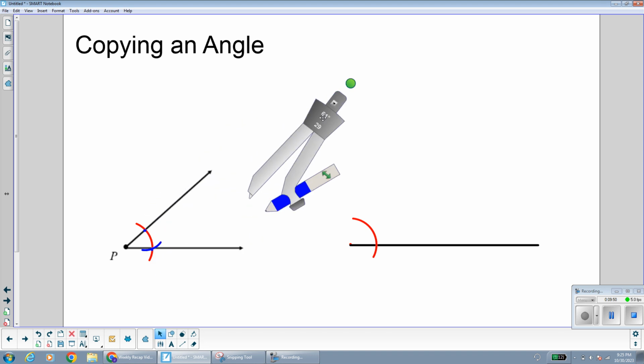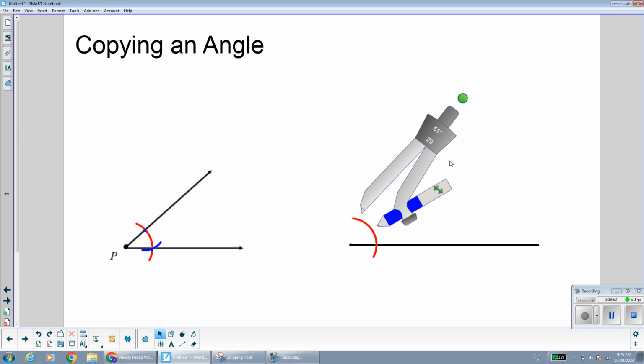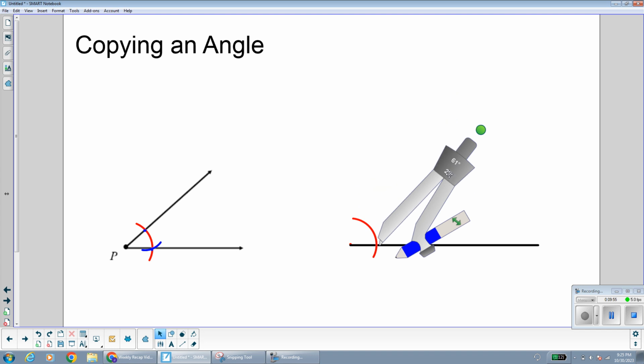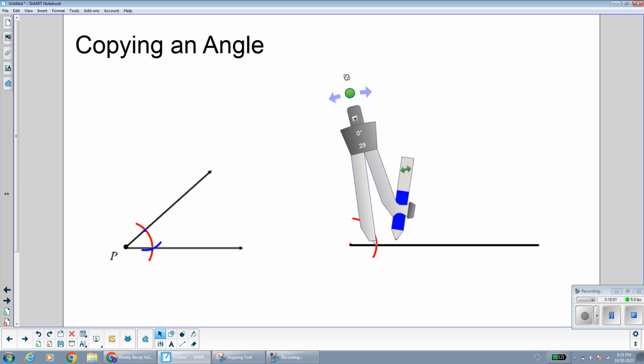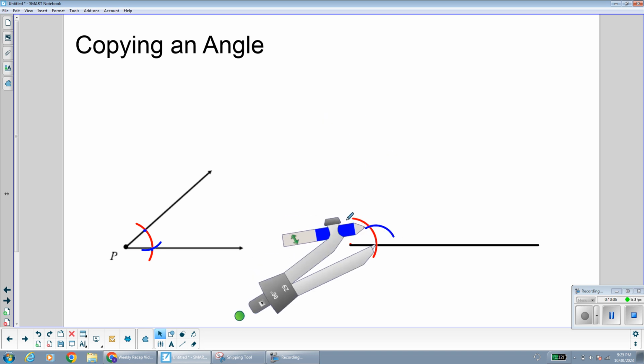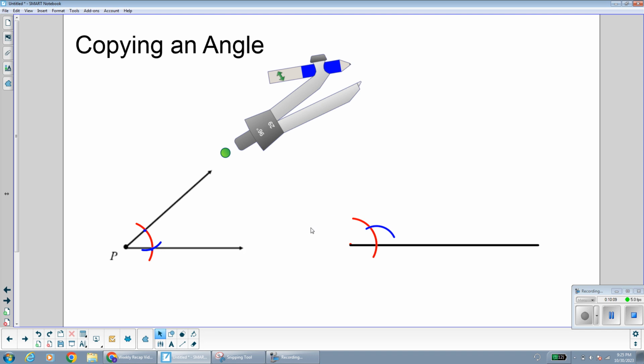And then I'm going to come over here where my arc hit the ray, and I'm going to make an arc and keep going until it intersects with the first arc. Now, right through that intersection point, starting at the vertex, I'm going to draw the other ray of my angle.